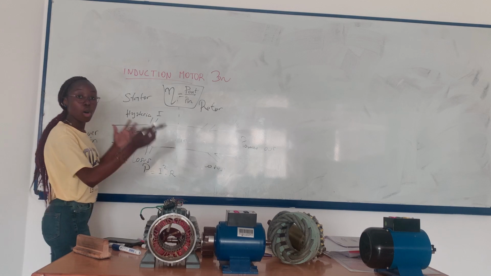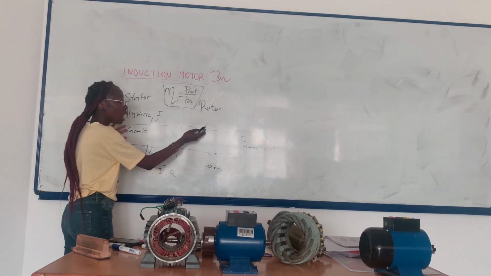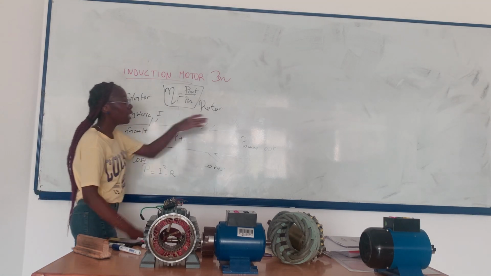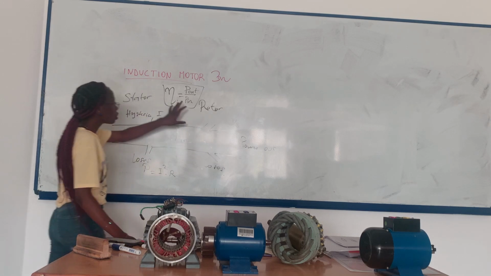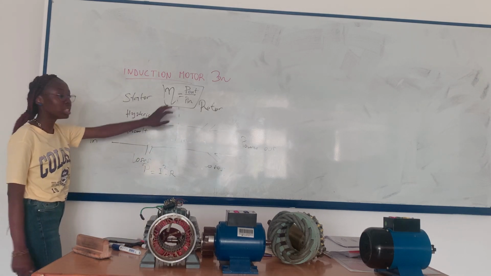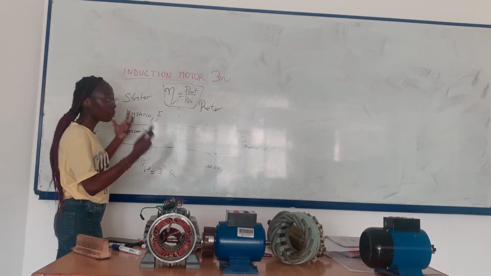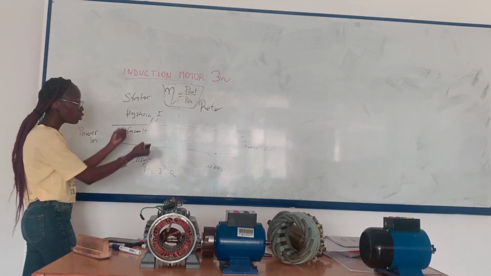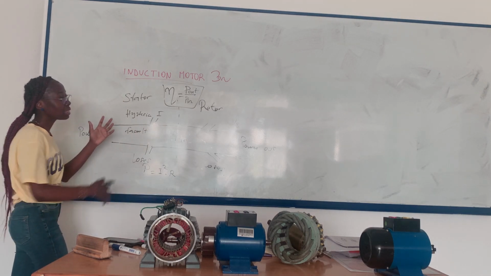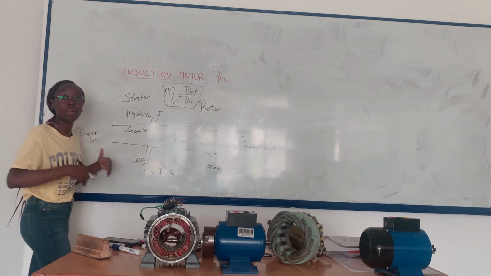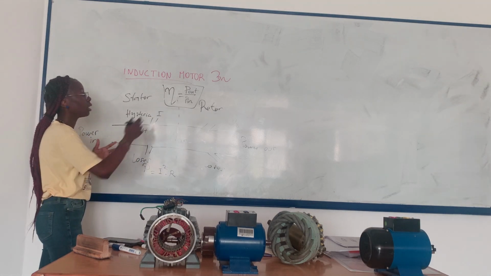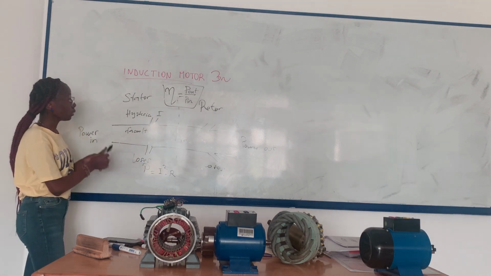It means the more losses we have inside our motor, the less power we have in the output, so our efficiency will be bad. So we need to construct our motor in a way that reduces losses in the stator part, and even in the rotor part, so we have a good efficiency inside our induction motor.